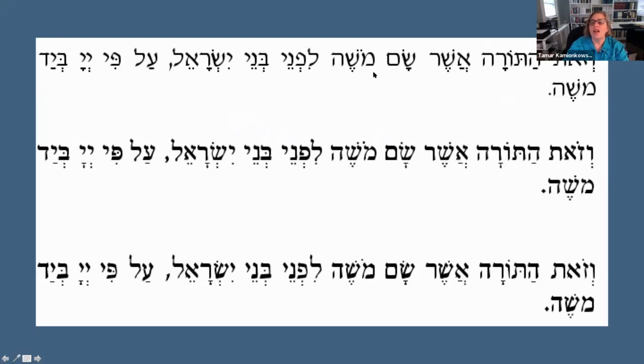Sam Moshe, so this is the Torah which Moshe placed lifnei Bnei Yisrael, before the people of Israel. Al pi Adonai, by the word of Adonai, beyad Moshe, through the hand or agency of Moshe.